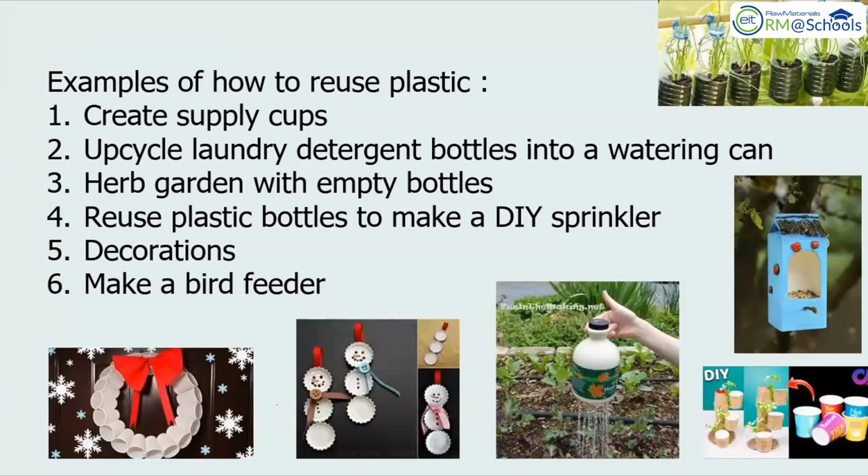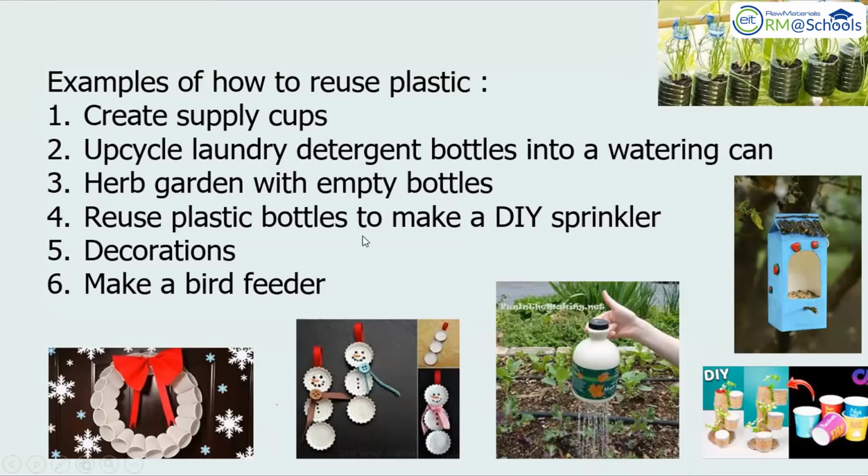Now we have some examples of how we can reuse plastic. It's all about creativity. We can create supply cups, upcycle laundry detergent bottles into a watering can. We can see that here, herb garden with empty bottles. It's here.